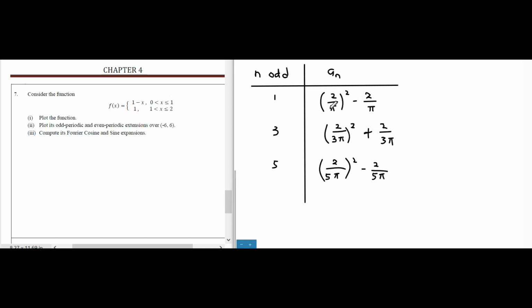We have 2 over 1 pi, 3 pi, 5 pi, 1, 3, 5. So it is alternate by negative, positive, negative, and if you repeat, you get a positive. So now we have a list of patterns.